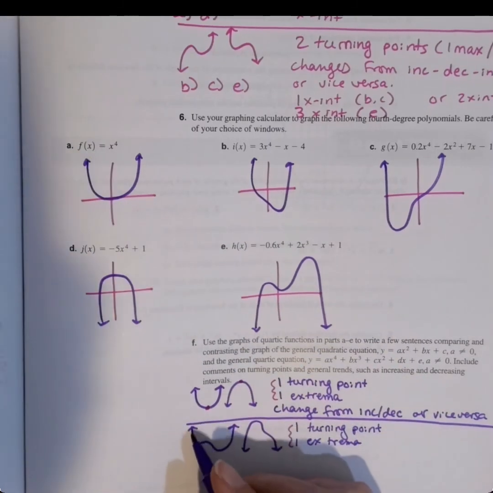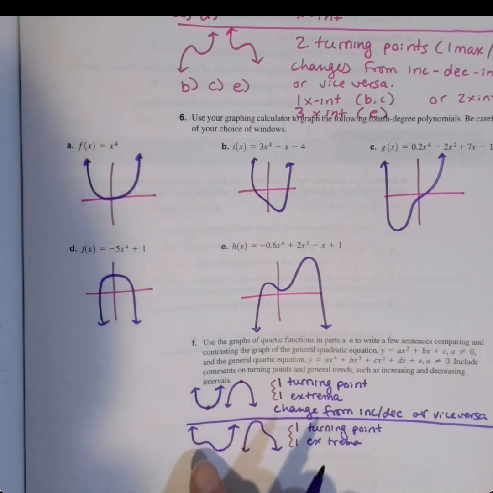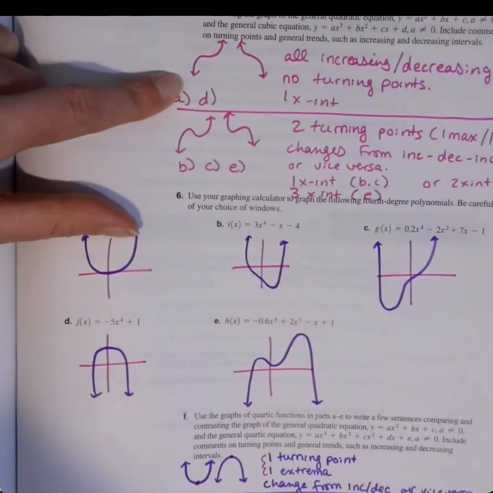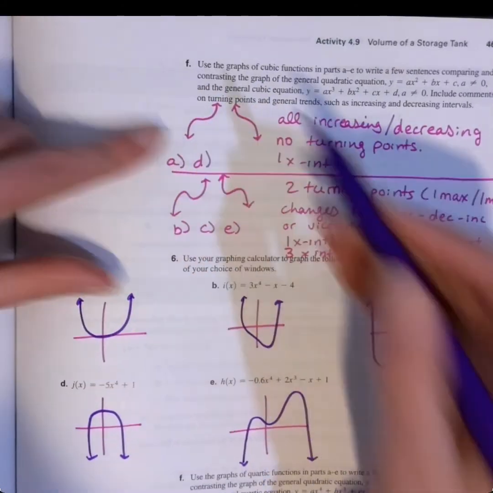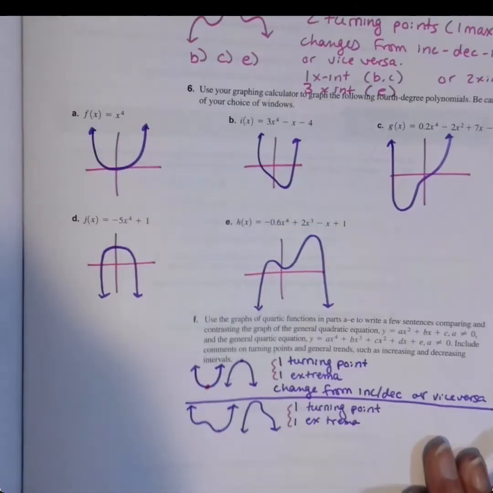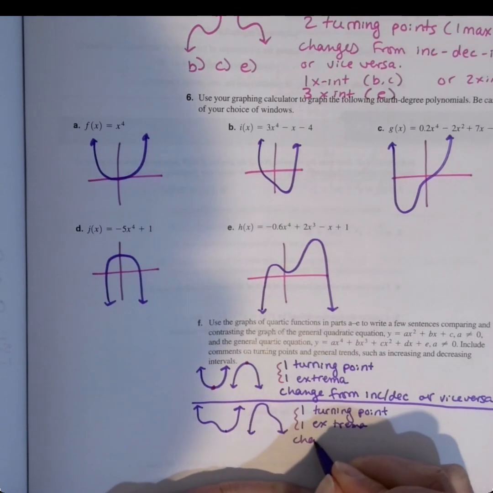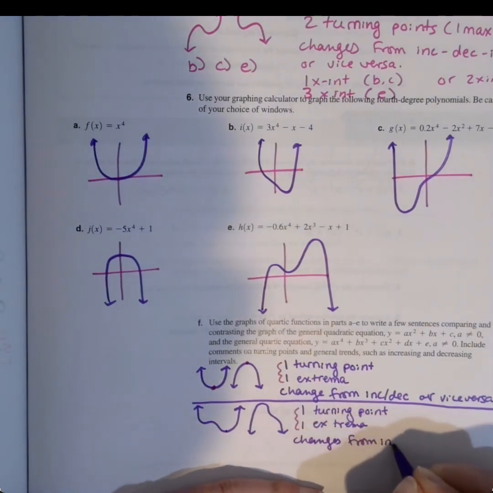And again, it changes from right here, it is decreasing, then increasing. So the entire way down to this turning point, it is decreasing. Even that little swish is just a continued decrease, like our cubics up here, where even with that swish in the middle, they were always decreasing or always increasing. So it's got a cubic swish in the middle, okay? So this one changes from increasing to decreasing or vice versa.